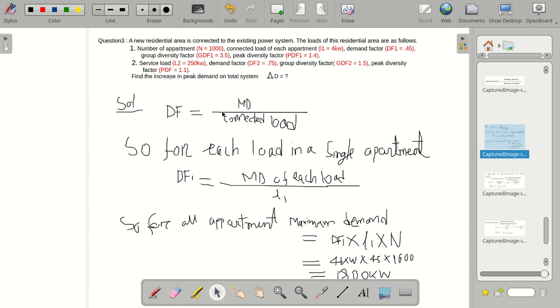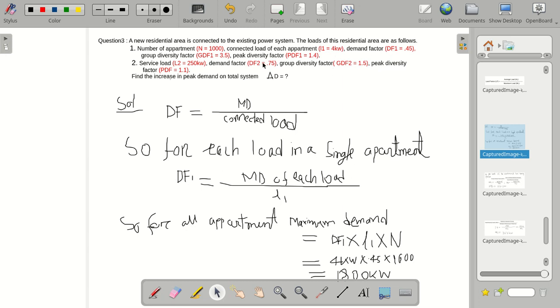We know that demand factor is equal to maximum demand divided by connected load. For each load in a single apartment, there is a demand factor and it is given as 0.45. From that information we can calculate the maximum demand of each load of each apartment, which should be df1 into L1.